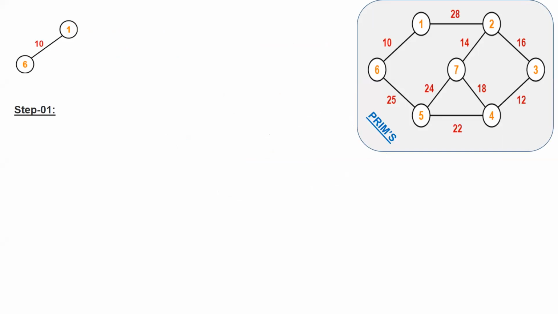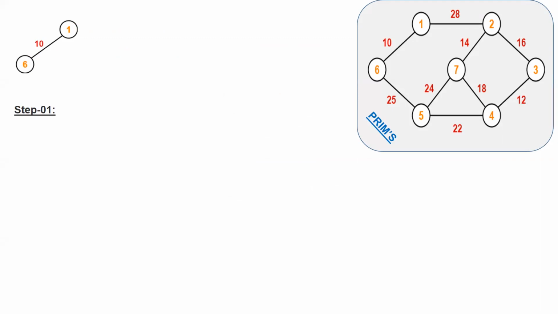We start with any vertex, or the edge of least weight. In the entire given graph, 10 is the least weight edge, and hence I will be starting with 6 to 1. Then I must consider all the edges reachable from 1 and reachable from 6.